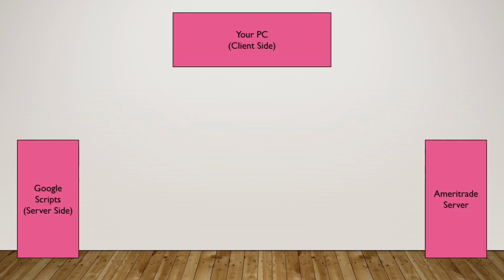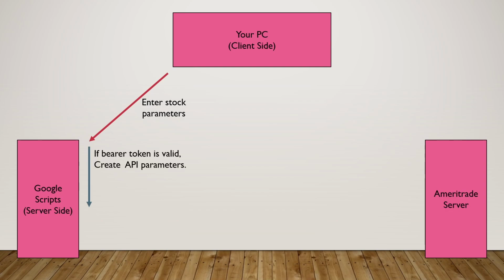So the next step is to look at how we get a quote. So basically from the PC side, you would enter the stock parameters of interest. On the script side, then it would do several things. It basically needs to create the API parameters so that you can call the quote API, right?